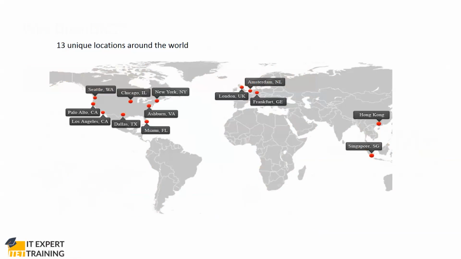With the same IP address, for example, they have 2 DNS IPs, and they are using these on multiple servers around the world. Right now it's running with 13 unique locations around the world, and soon they will add 6 more European sites, so a total of 19 sites for high availability.